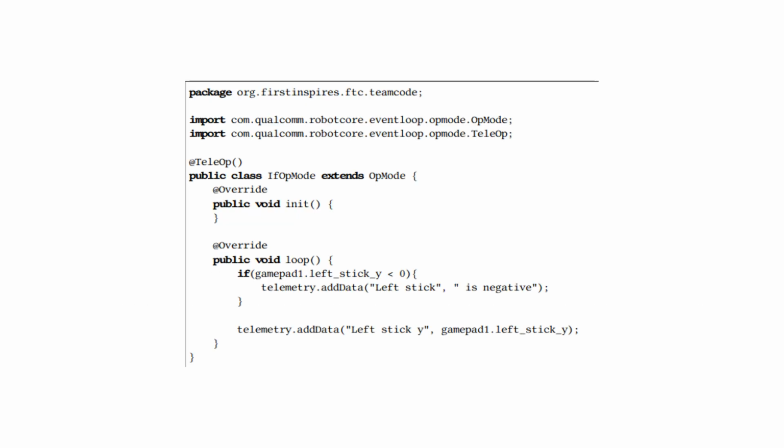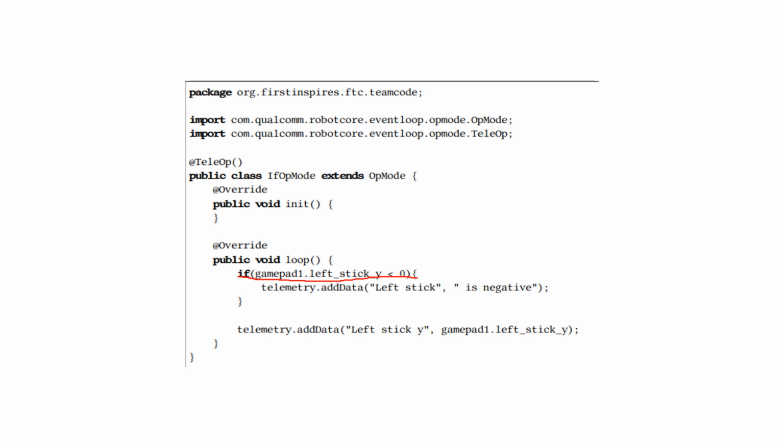This is our sample code. So here you can see if gamepad1.left_stick_y is less than 0, then telemetry.addData "left stick is negative".